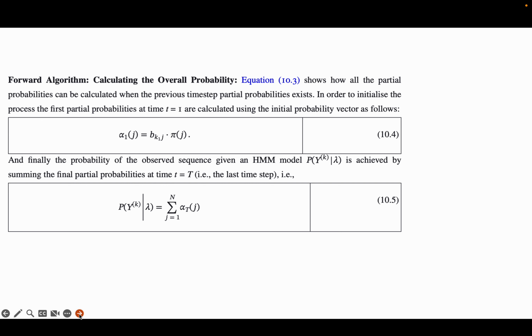Once again, that's calculated in the model because the key is having this B matrix. In other words, how are your observations connected to your states, as well as your initial state, your pi's. So once again, the key here is knowing where you start: what is your initial state, and what is the probability from that state.